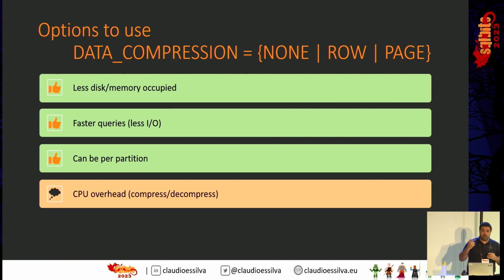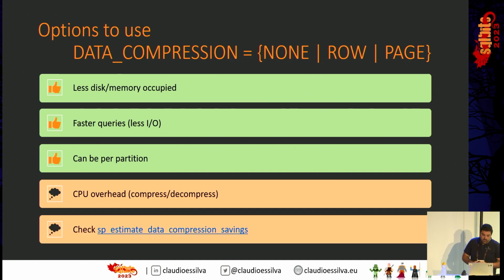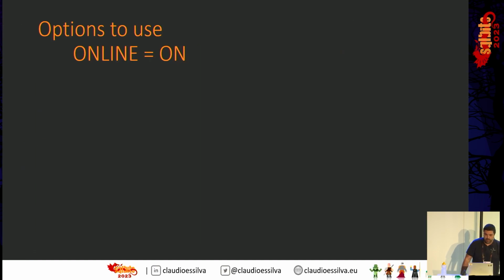And if you have a highly transactional system doing this, you need to test and measure if you see any bottleneck or any problem or any CPU going up because of that. Also, check the system stored procedure that you can pass a couple of parameters, and it will give you an estimation of how much you can compress or not with that.